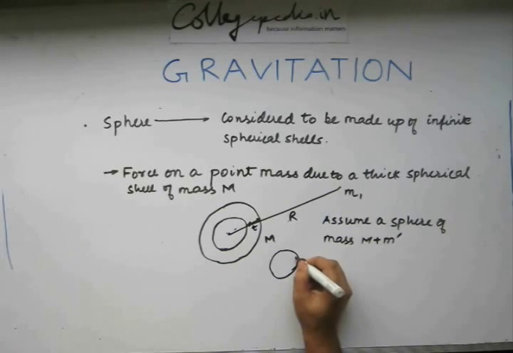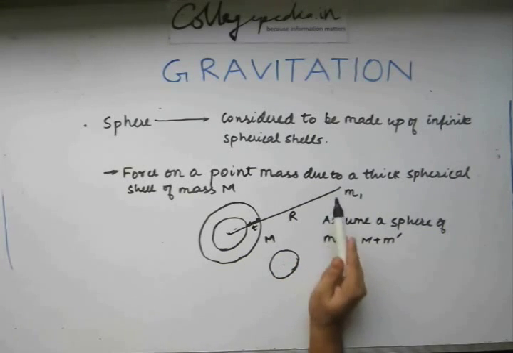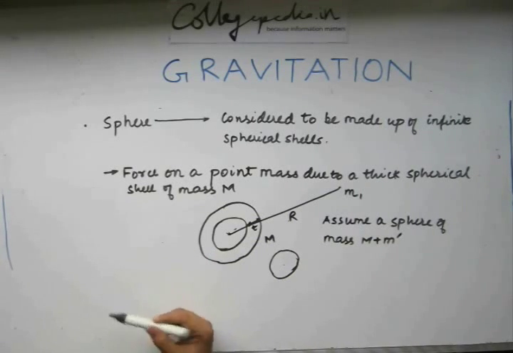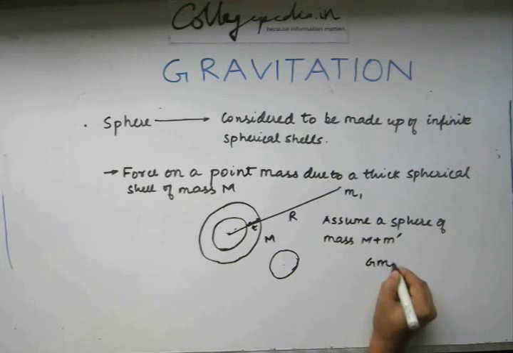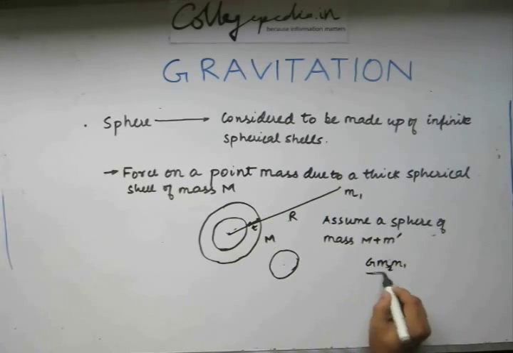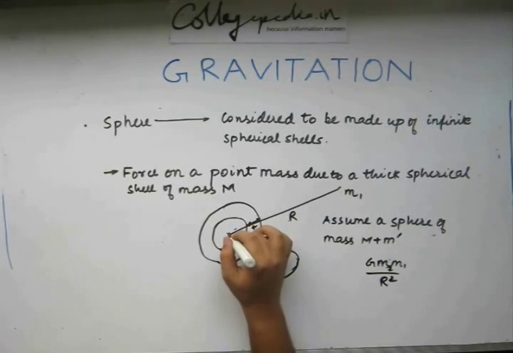When we go down the line and reach the center, we are now left with a point mass. The force due to that point mass onto this mass m1 is going to be nothing but the force that we considered earlier, which is G m2 m1 by r square, where m2 goes down at the center. This is if we consider a point mass here.